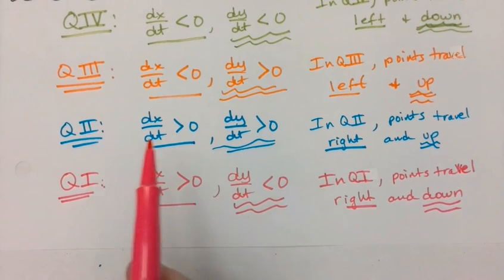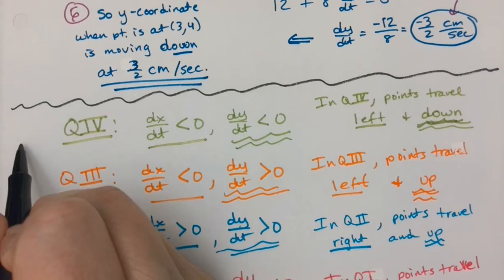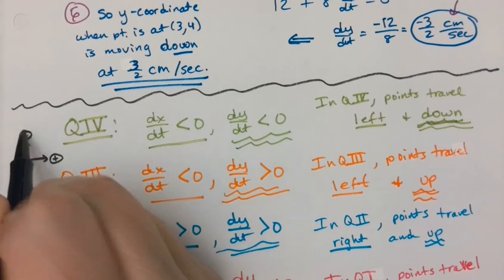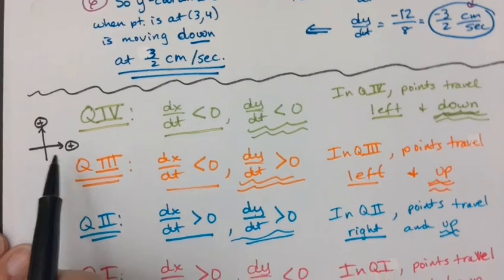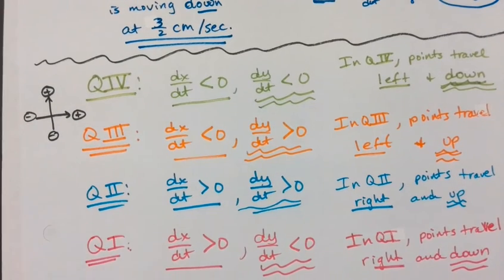So remember, in general, when you look at your coordinate axes, up and right are considered positive. Left and down are generally considered negative.